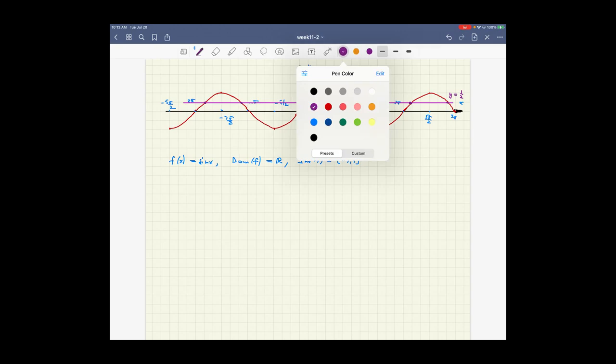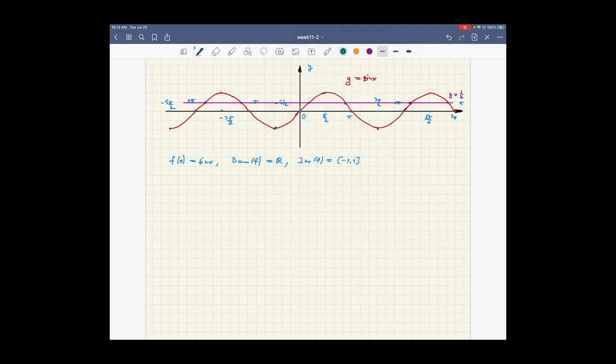If we restrict the domain of sine to be from negative pi over 2 up to pi over 2, and note that the image of that new function is still negative 1, 1, the sine function takes all of its values from negative 1 to positive 1 on this interval. And on this restricted domain, it is injective.